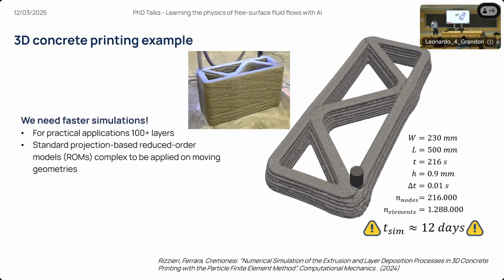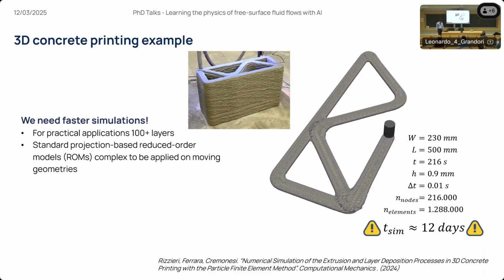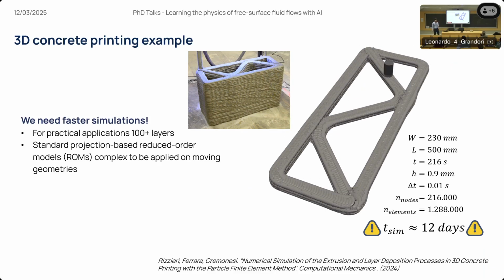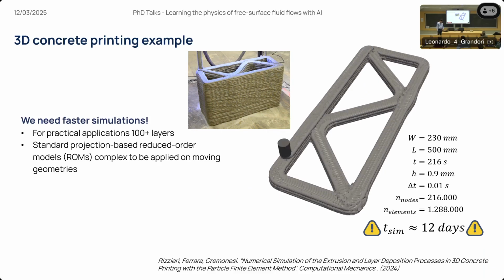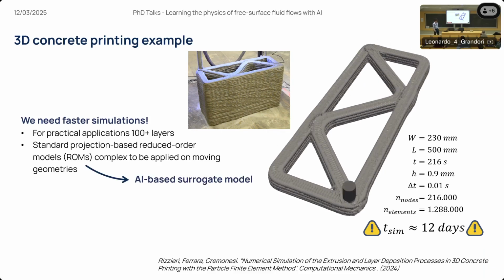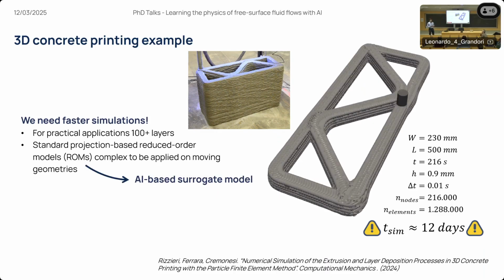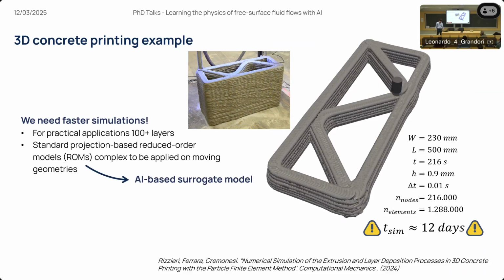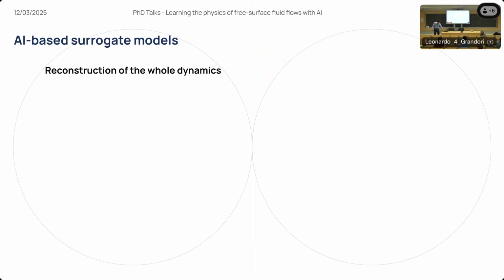And the standard reduced order method approach often faces problems with evolving geometries. So the idea is to use machine learning to create surrogate models for this kind of problem. Machine learning-based surrogate models for numerical simulation can be divided into two categories.